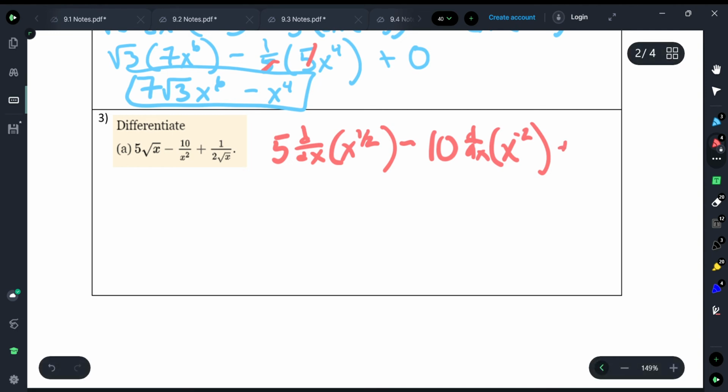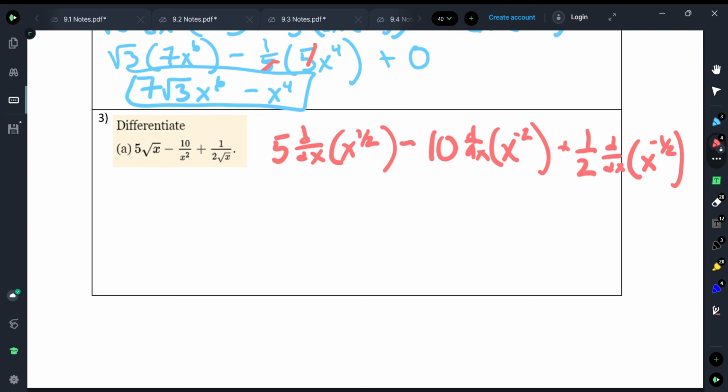All right, then I'm going to recognize this 1/2, so that's going to be 1/2 times the derivative of x to the negative 1/2 power, because that was also on the bottom. All right, cool. Are we scared? No. A little bit nervous? Yeah, probably. But it's nothing that you can't handle.